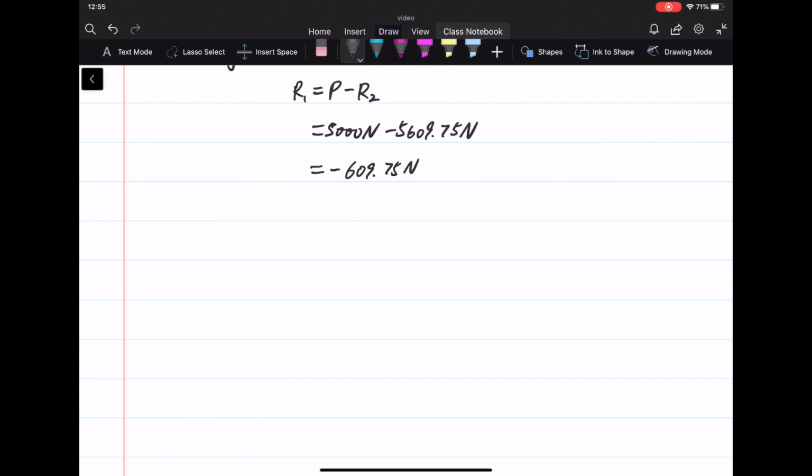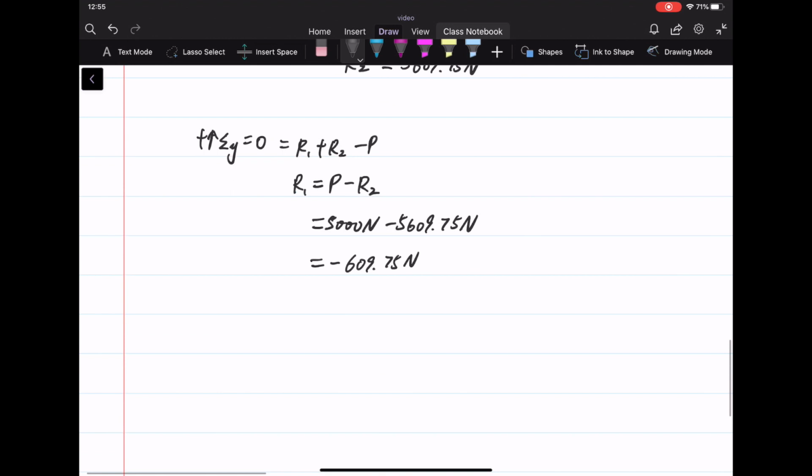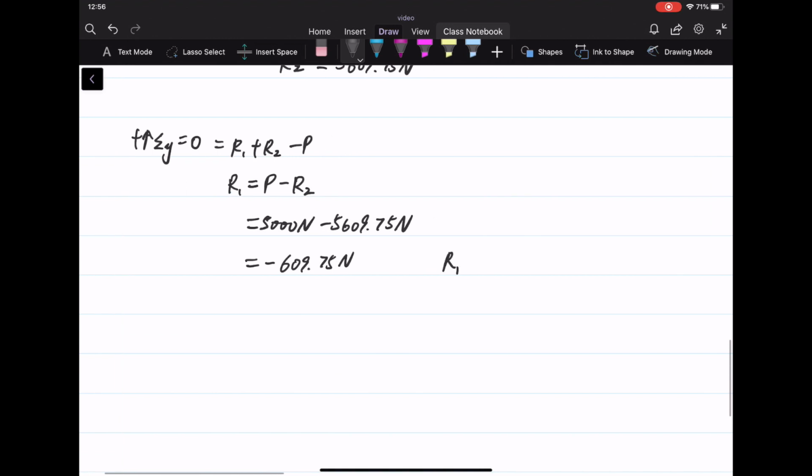Okay, the negative sign right here really just means that the direction of the reaction force is the other way. We predicted that the R1 force is pushing up. In fact, the force actually is pushing down. This is what the negative means.